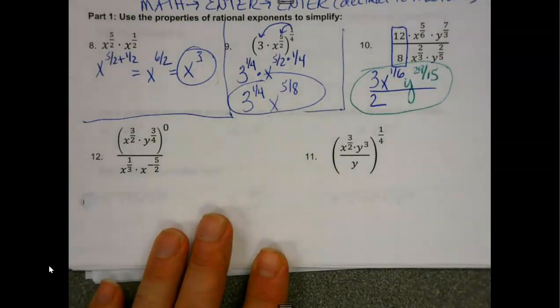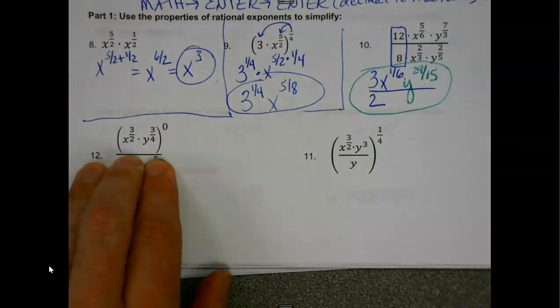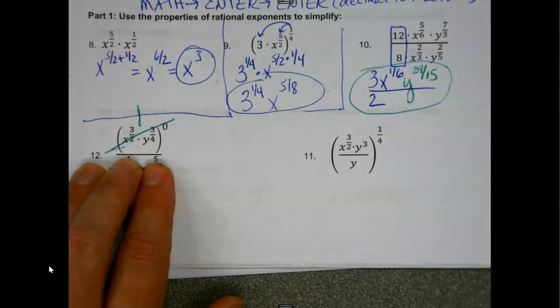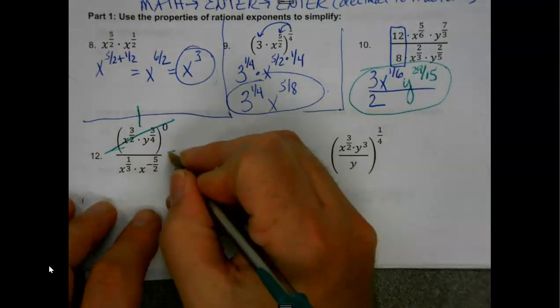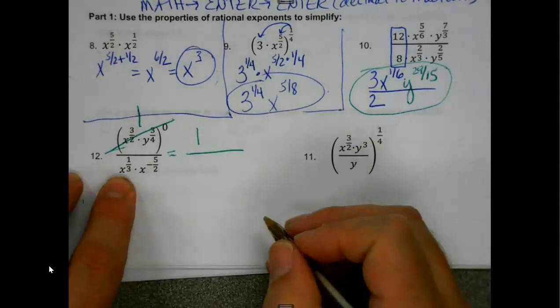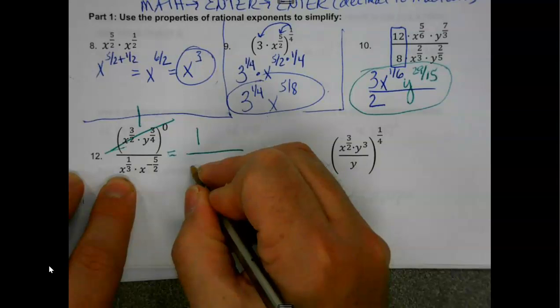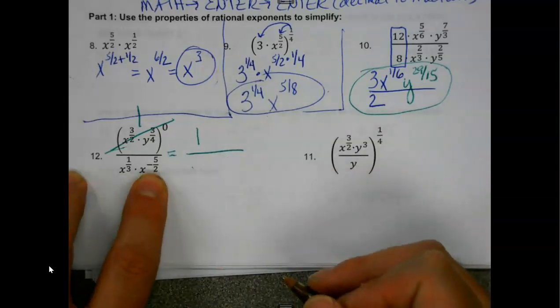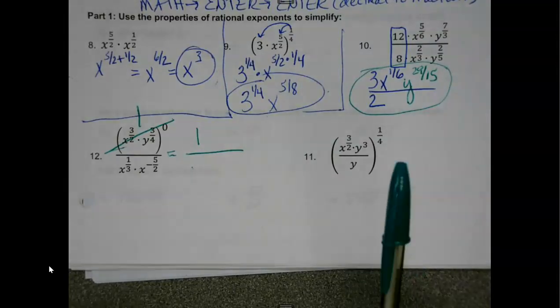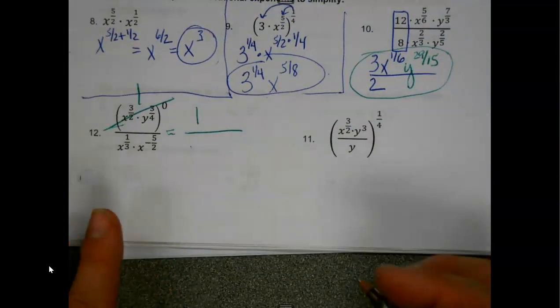Ooh, our favorite. What's the numerator equal? Whole thing, 1. That's nice. We like that. So then I'm like, all right, so I got 1. X to the 1/3, okay. Oh, x to the negative 5/2. Okay. You have a choice here. I'll show you both ways, but they're both going to work.